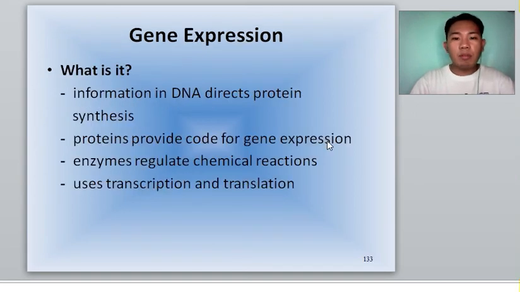We have the term gene expression, wherein the information in the DNA directs protein synthesis, or the production of protein. Proteins, such as enzymes, regulate the chemical reactions, and this uses transcription and translation.